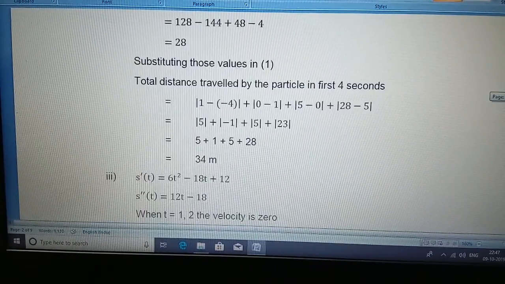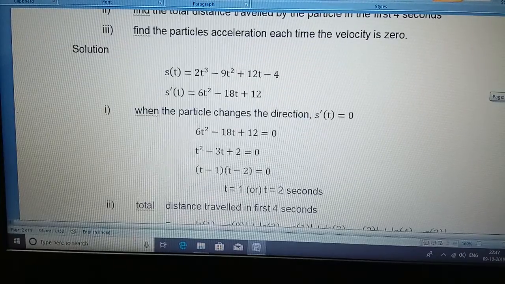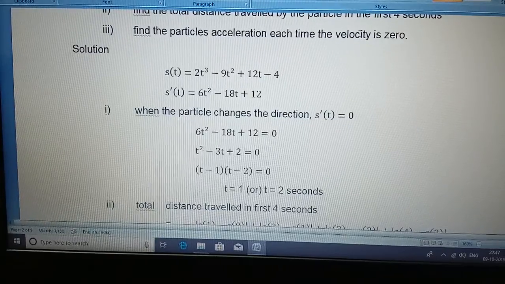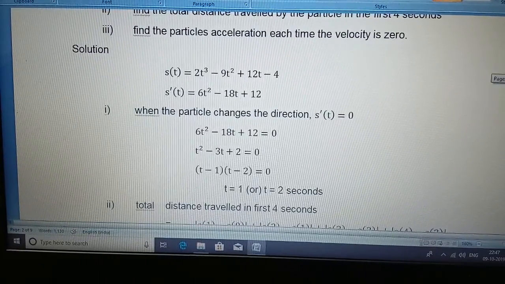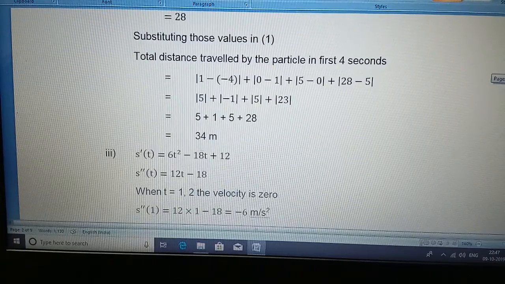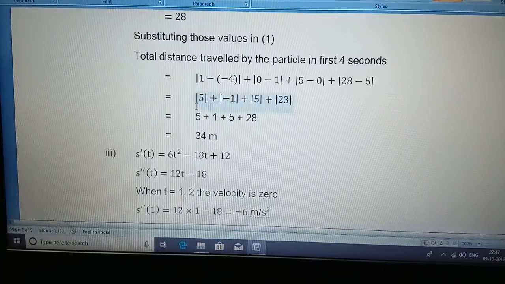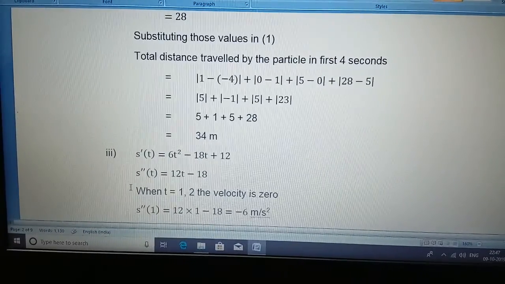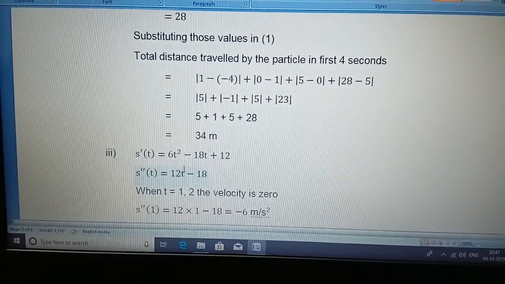Next, the third question: find the particle's acceleration each time the velocity is 0. You differentiate the function again. You already found S dash of t, 6t square minus 18t plus 12.